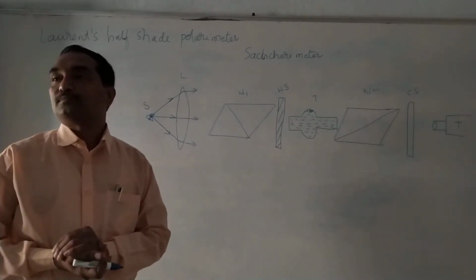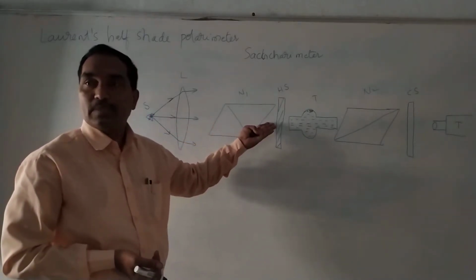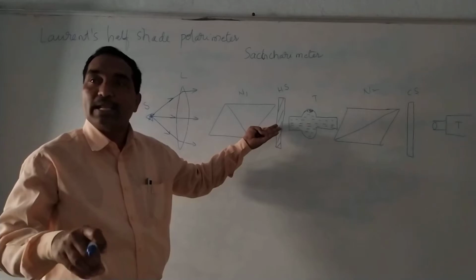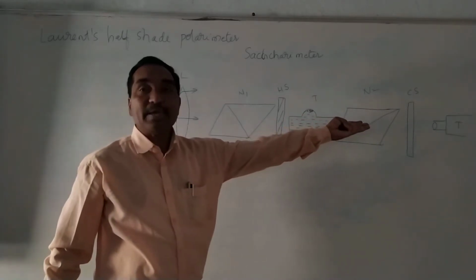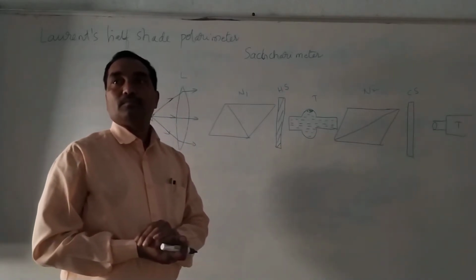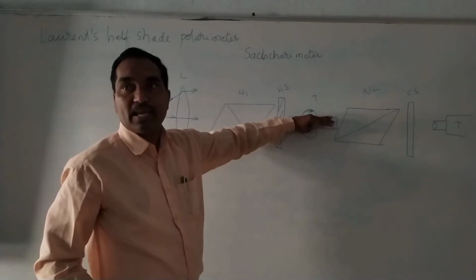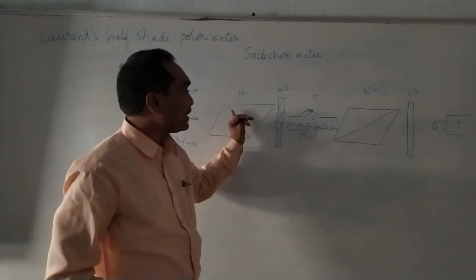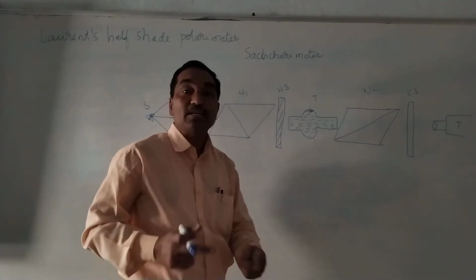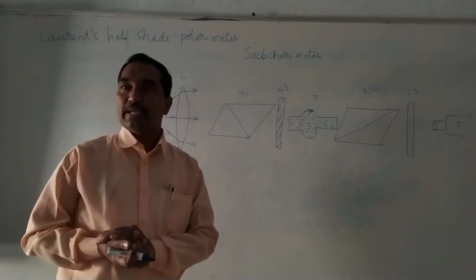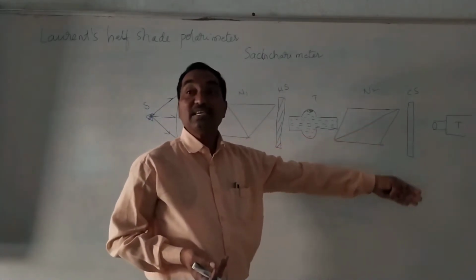glass tube. When light passes through the Nicol prism N1, the emerging light is plane polarized light, which then passes through the Nicol prism N2. If there is no liquid in this tube, then what happens? The two optic axes are perpendicular to each other, and N1 and N2 are in cross position.